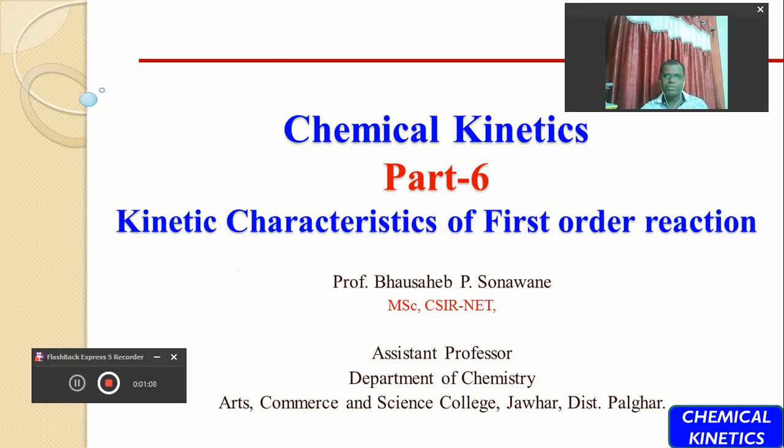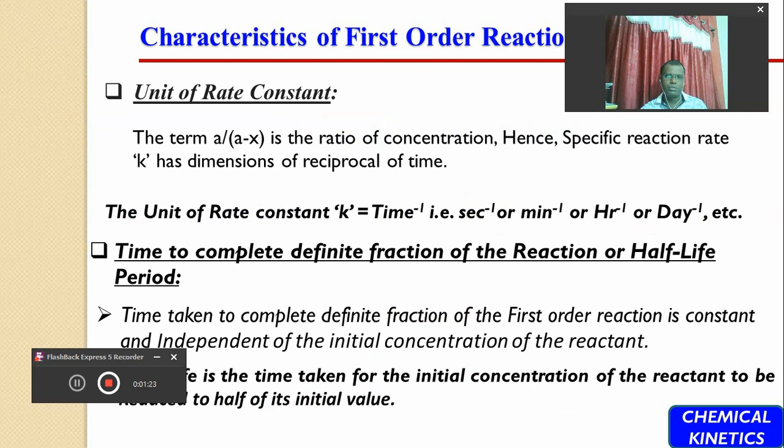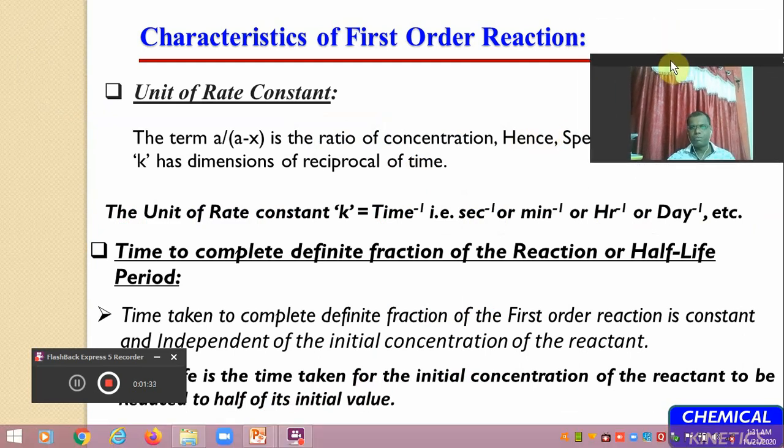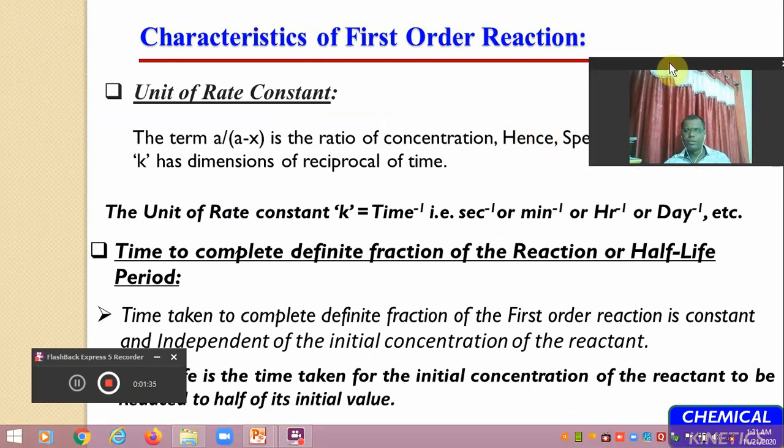Dear friends, based upon the same first order reaction, in this part of the video today we are going to study the kinetic characteristics of first order reaction. How can we study the various characteristics of first order reaction with the help of the rate equation?